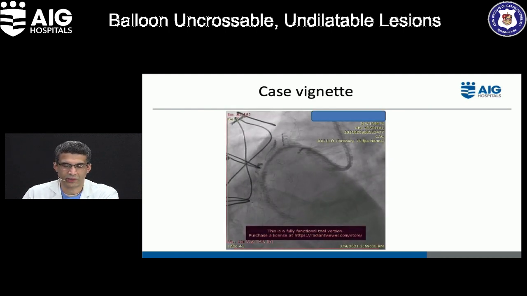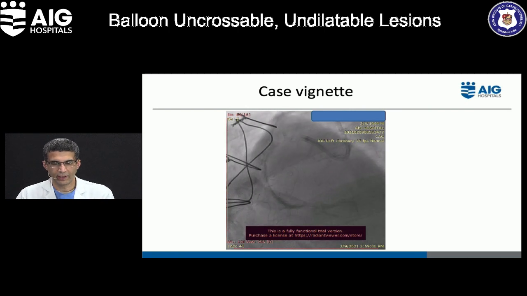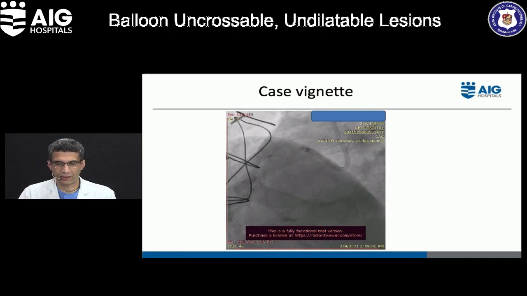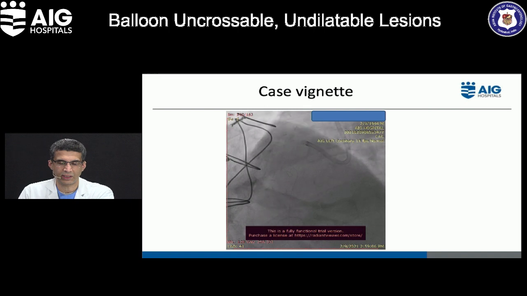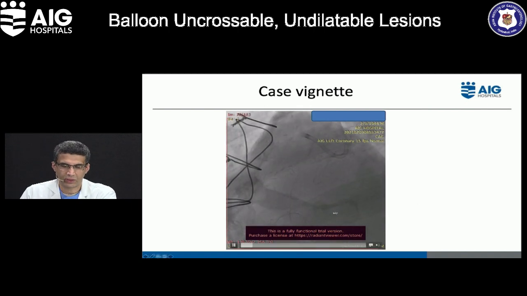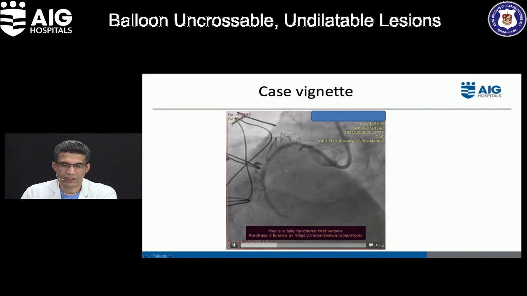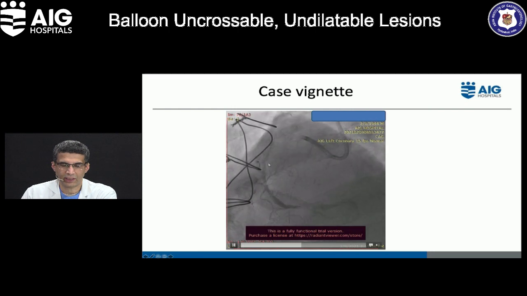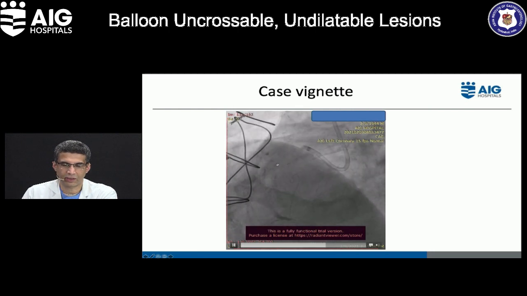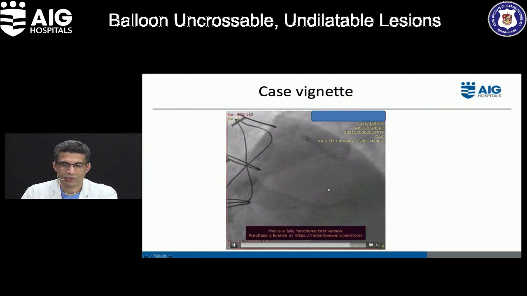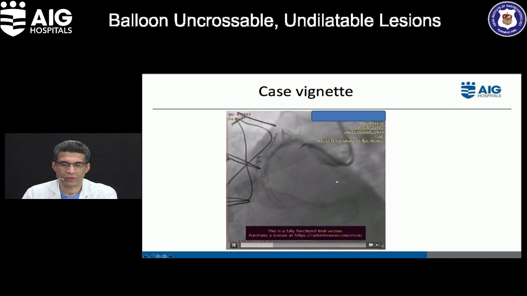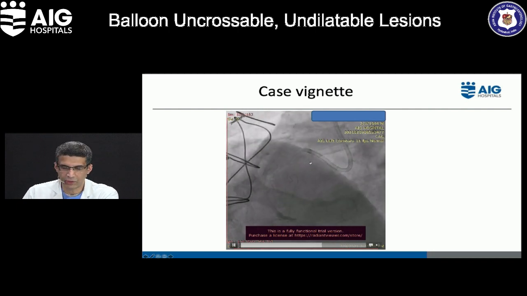This person was post CABG, and he had a right coronary artery CTO. You can see the distal vessel is totally occluded, and in addition he had a very tight lesion in the mid right coronary artery. Anticipating trouble, we went ahead with the femoral route using an AL1 guide to give the maximum possible support.